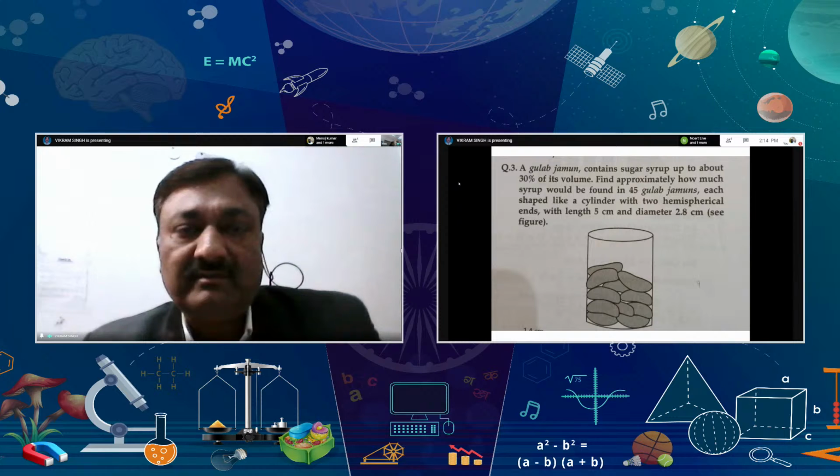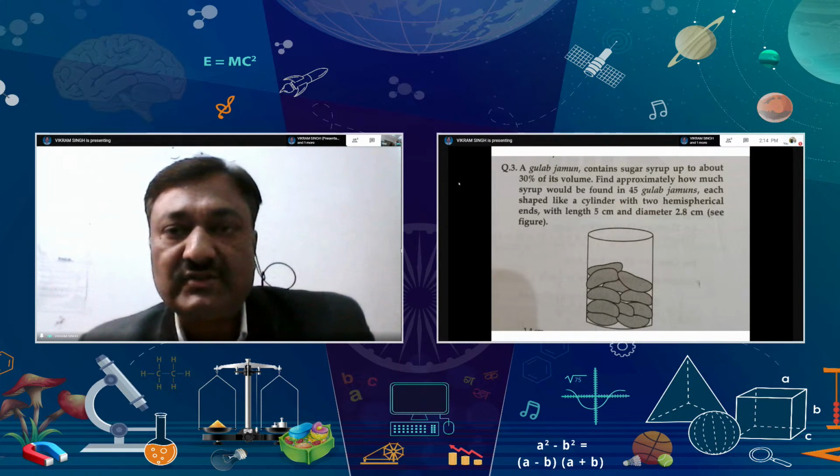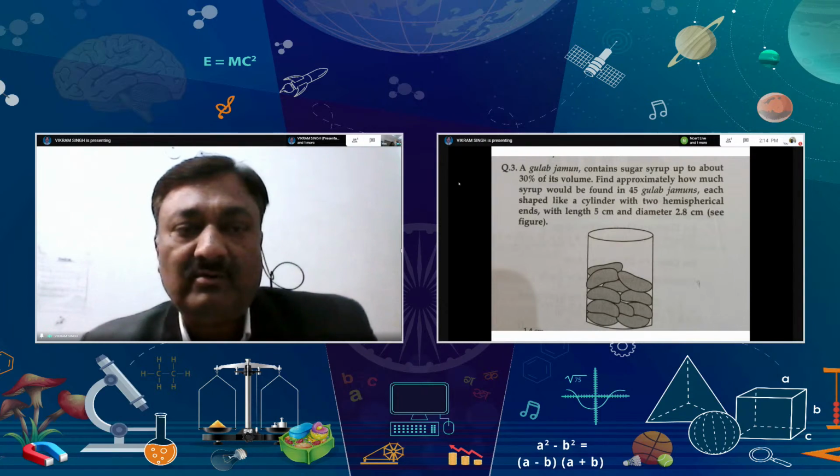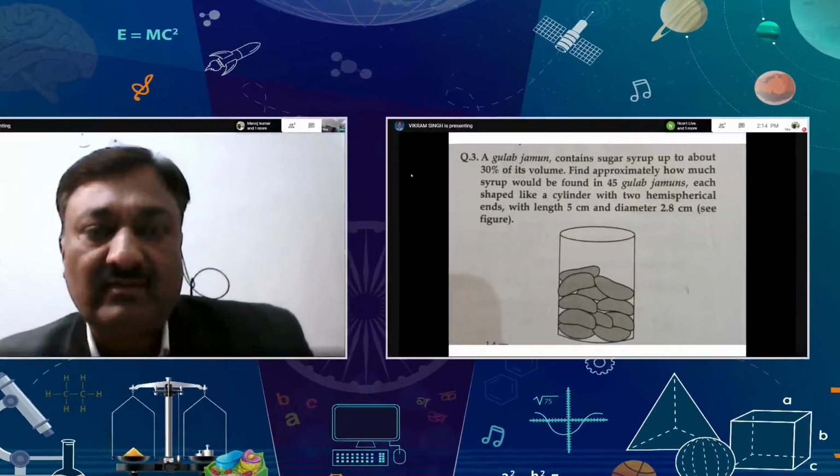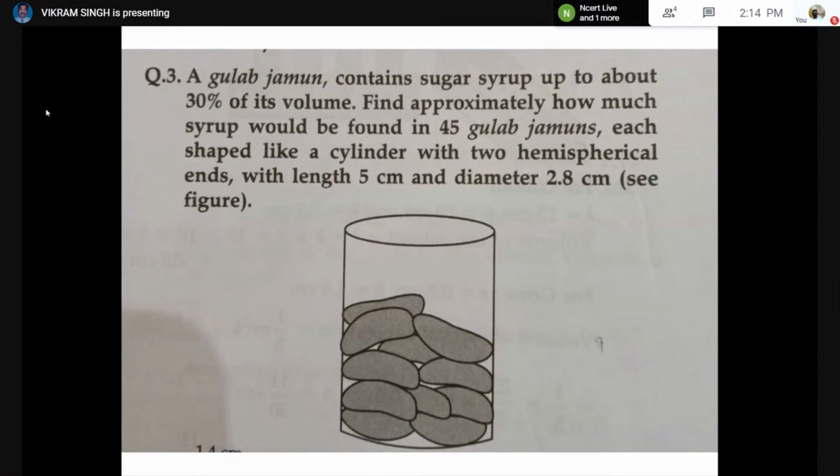A gulab jamun, a type of sweet dish, contains sugar syrup up to about 30% of its volume. Find approximately how much syrup would be found in 45 gulab jamuns, each shaped like a cylinder with 2 hemispherical ends, with length 5 cm and diameter 2.8 cm.